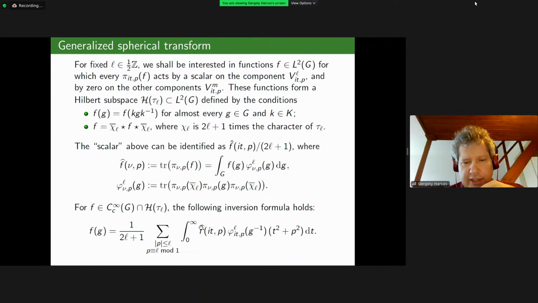So you can easily calculate the Hilbert-Schmidt norm of these scalar acting transformations. Well, what is it? 2l+1 times the sum of squares on the diagonal. So that would be 1/(2l+1) times the absolute square of that. You integrate with respect to the Plancherel measure. That's the L2 norm squared on the left-hand side.